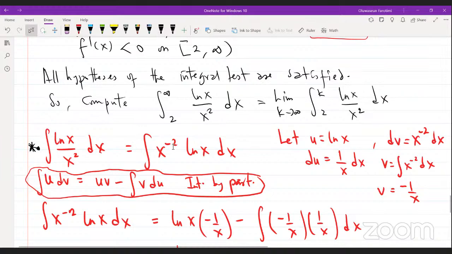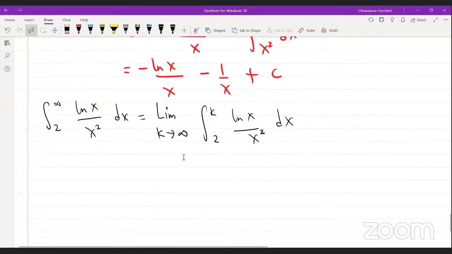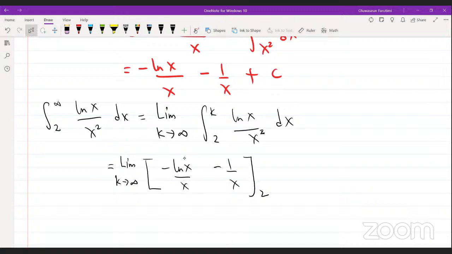So can we go ahead? Limit as k goes large, negative ln of x over x minus 1 over x, then you plug in your 2 and your k.